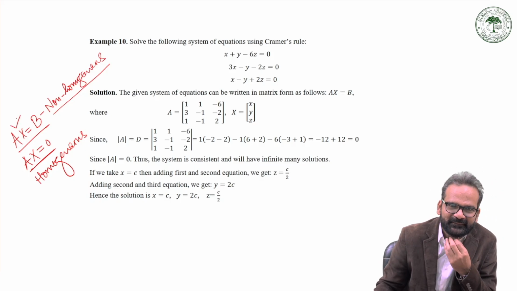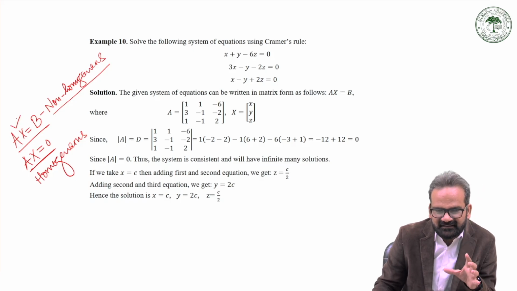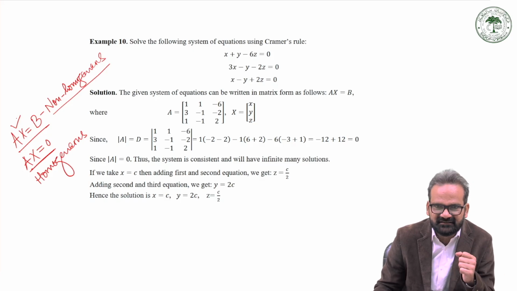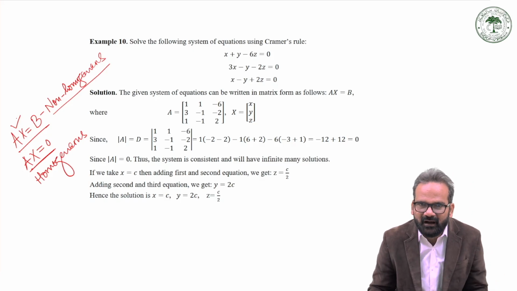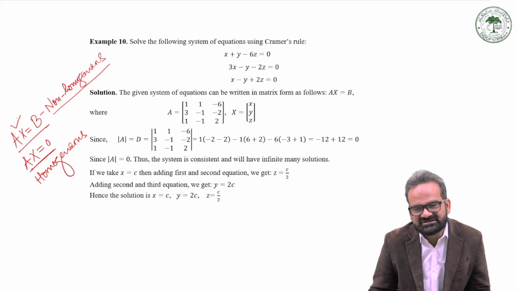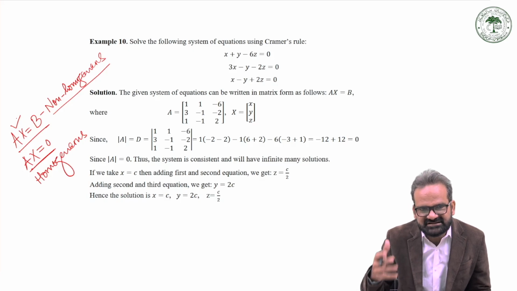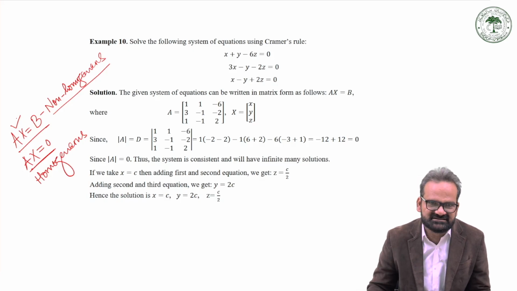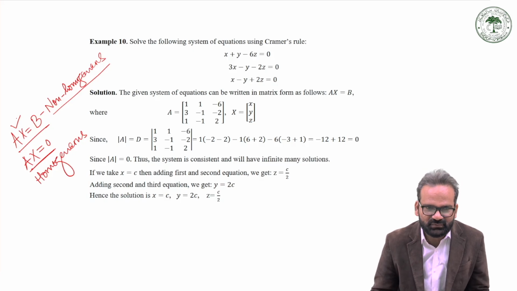So in this lecture, I will solve one or two examples which are of homogeneous nature, and we will observe how we can find the solution of a system of homogeneous simultaneous linear equations using Cramer's rule.